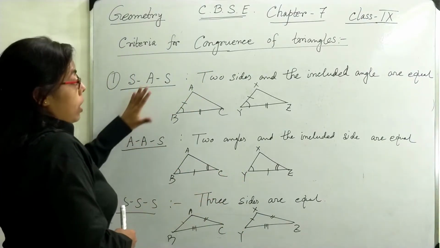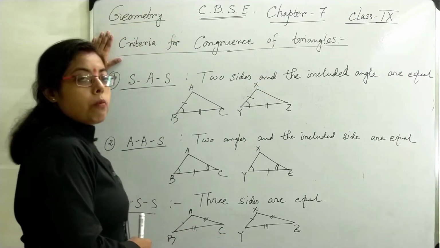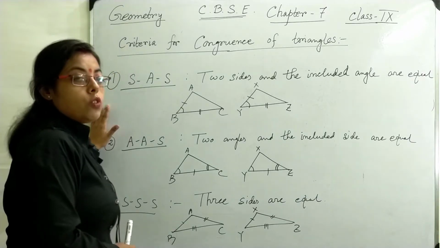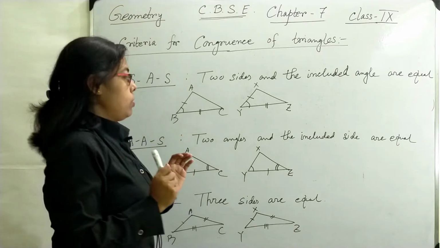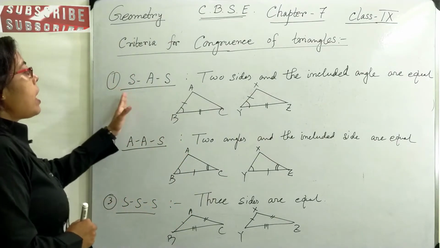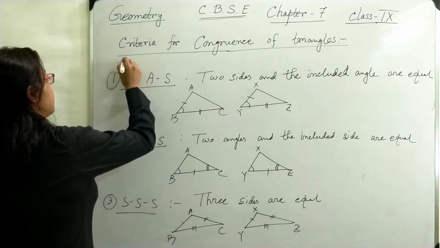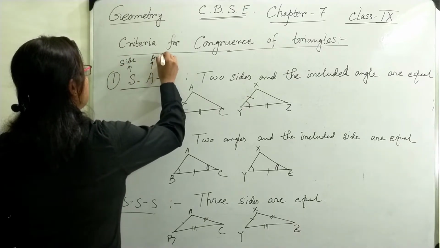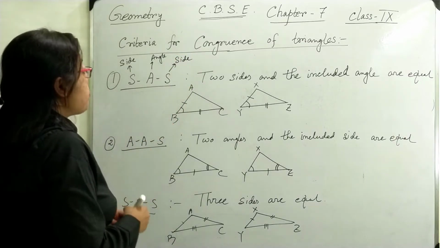Now, this congruence of triangles follows some criteria. What are those criteria? We have to learn them very properly and very accurately. First formula, SAS. This means the side angle side property. S is for side. You may write it down. Side angle side property.